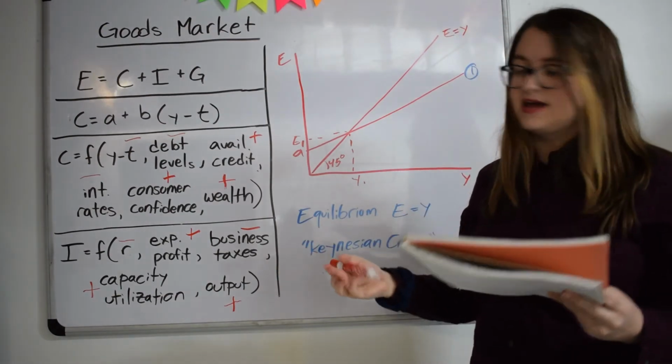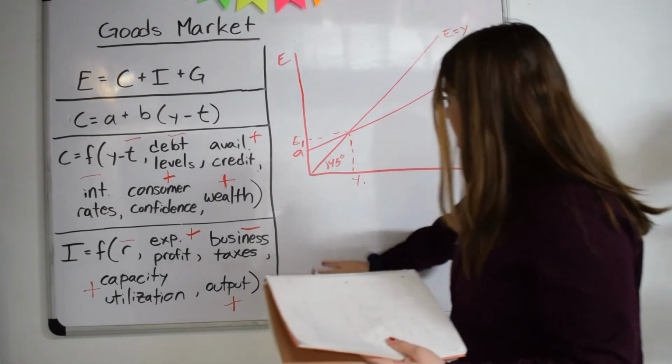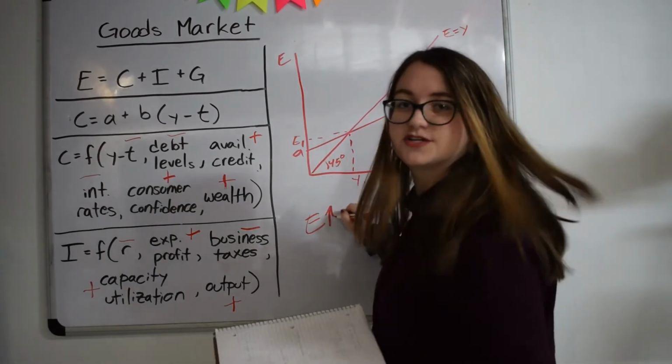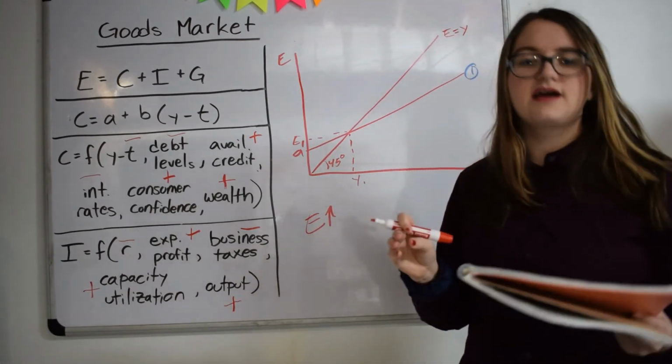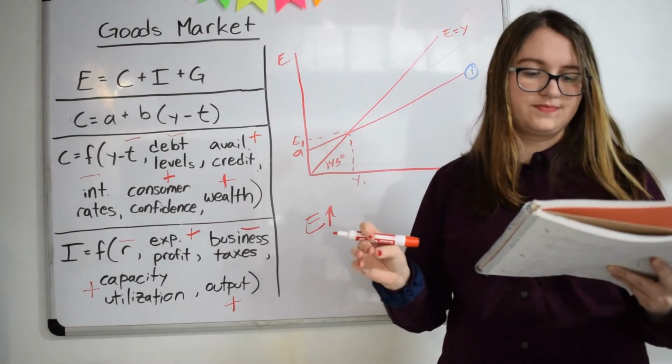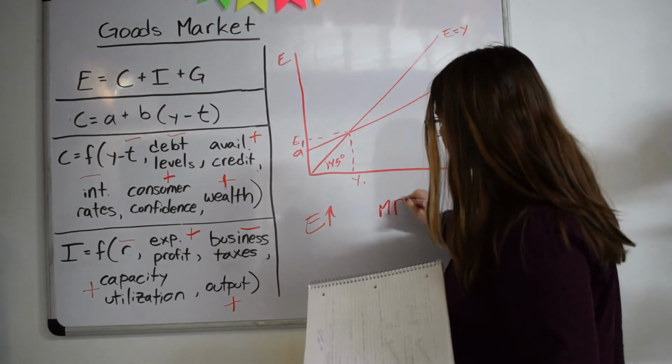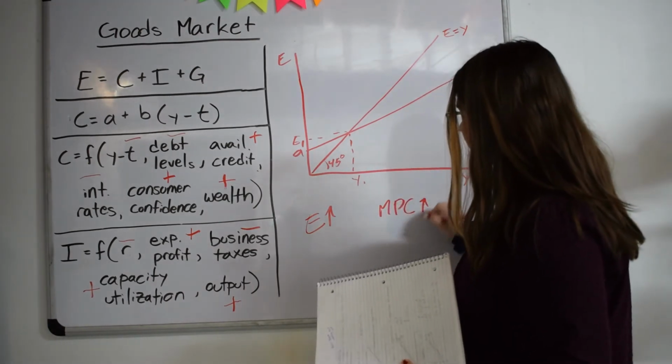What happens if expenditure increases and income stays the same? With income staying the same, we know that that's an increase in the marginal propensity to consume.